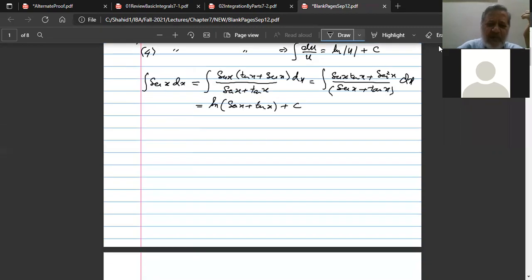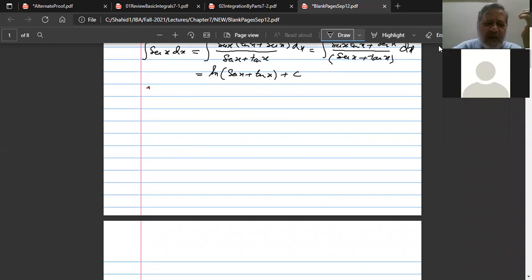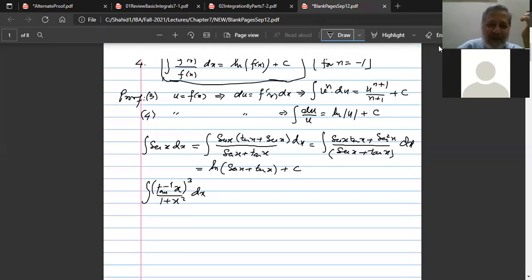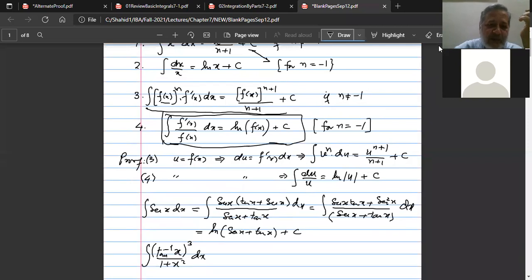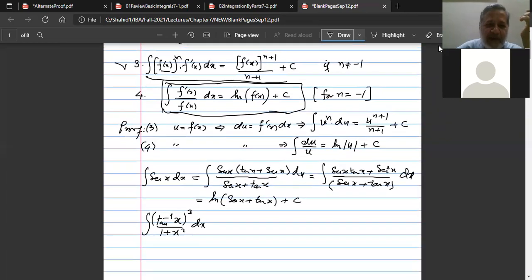And some of the problems that appear to be very complicated, for example, tangent inverse x upon 1 plus x squared. I have kept it relatively simple, and if I want to make it more complicated, I put tangent inverse raised to power 3. Now, the technique I'm discussing applies here.